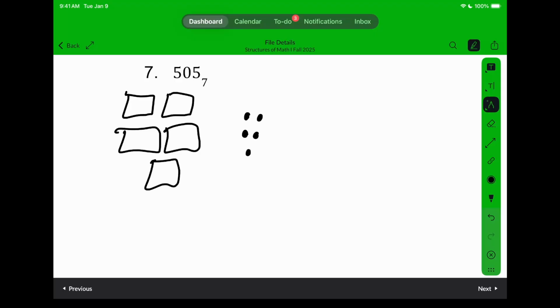Okay, 5 units already equals 5. 7 units would make a long in base 7. We don't have any longs, so we don't have to worry about them. But also in base 7, 7 longs make a flat. So if 7 units make a long, 7 longs make a flat, 49 units make a flat.